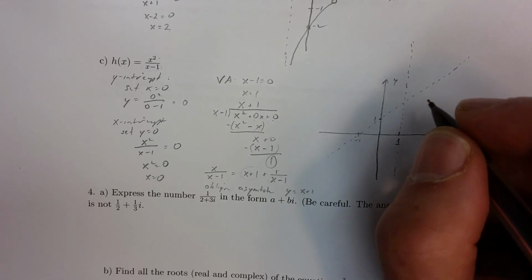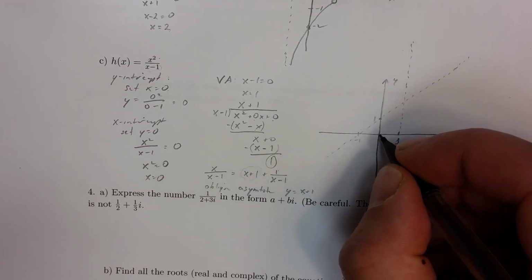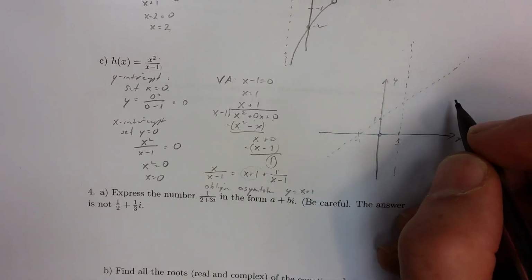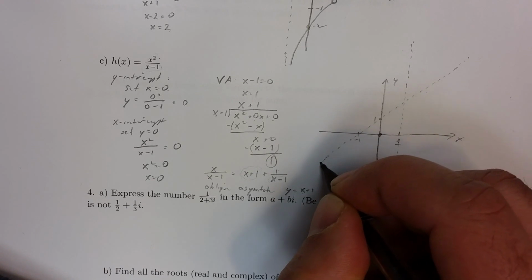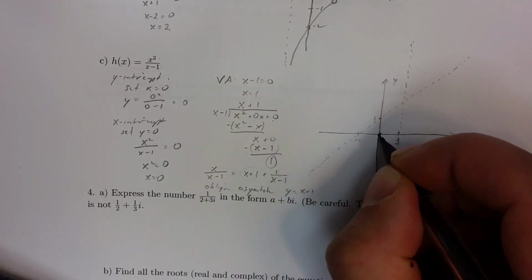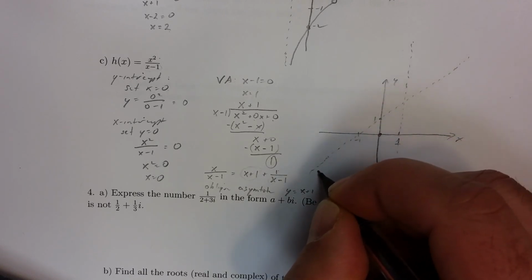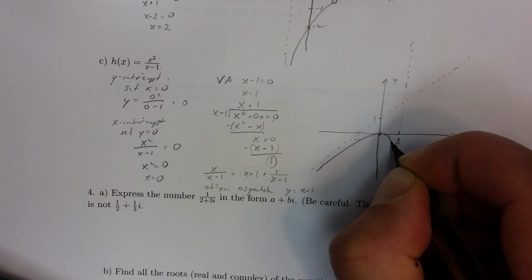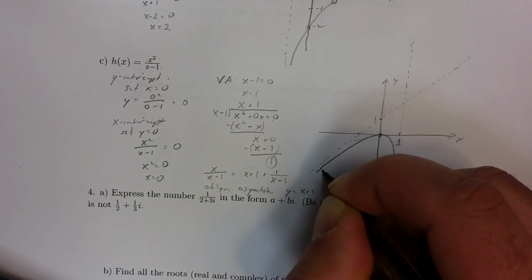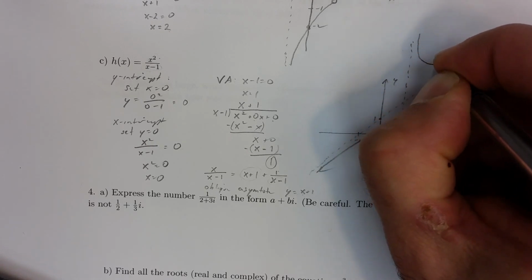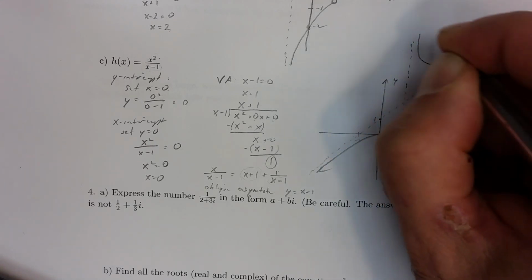We saw that it crossed both the x and the y-axis at 0. And it approaches these two lines asymptotically. So we pretty much have all the information we need to be able to graph this thing. It's going to look something like this. Approaches these lines asymptotically. And we have its mirror image up here.